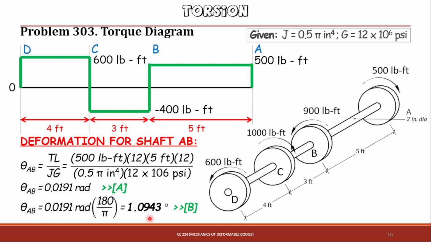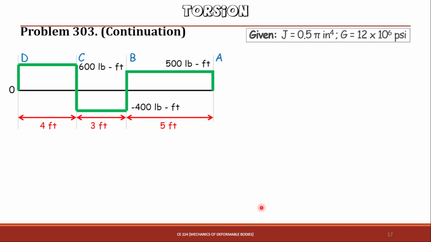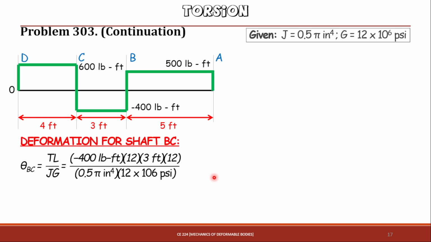Okay. So, we have solved the angle of twist in AB. Now BC and then CD. Proceeding with our solution, solving for the deformation of shaft BC, theta BC is equal to TL over JG.